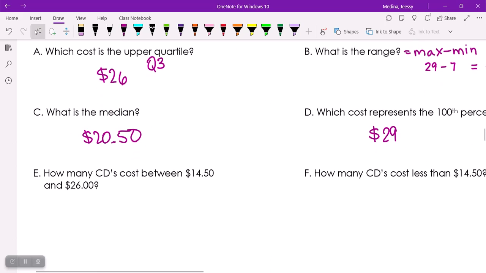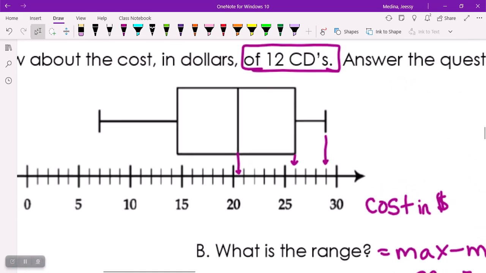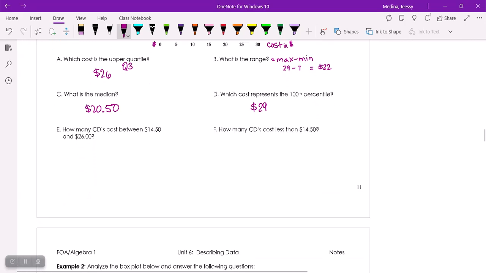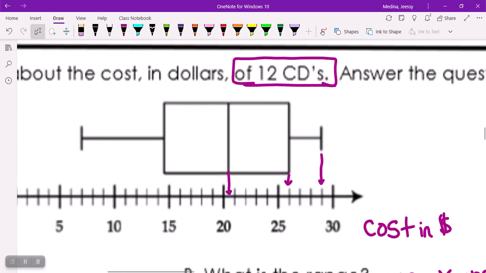All right, how many CDs cost between $14.50 and $26? No, it's not 12 CDs. 12 CDs is the total.